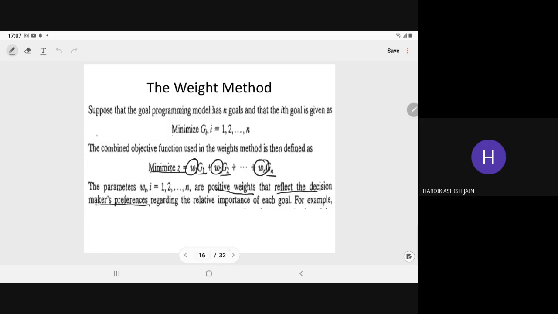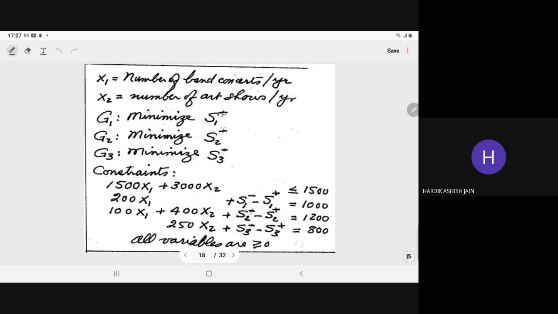So for this we have the following formulation, right? In this case we have made the objective function minimize z is equal to s1 minus plus twice of s2 minus plus s3 minus, right? So in this case, how will you make the table?